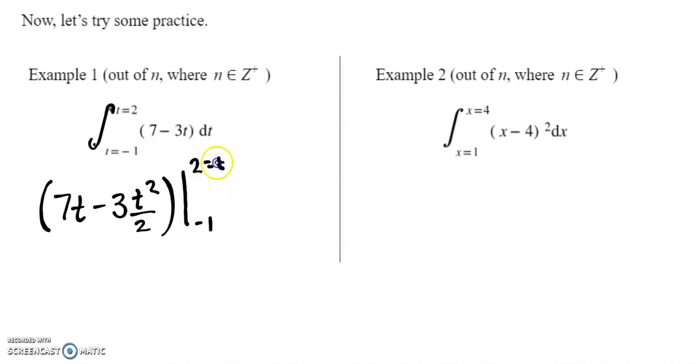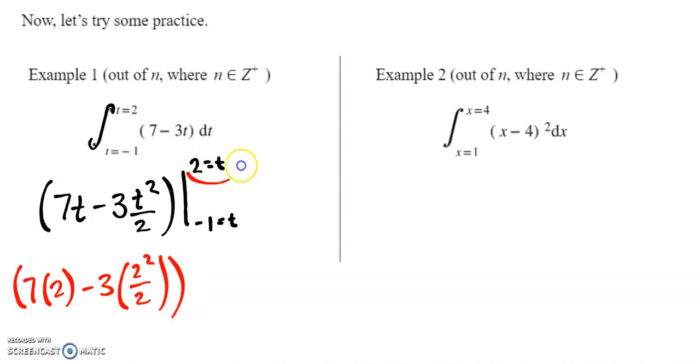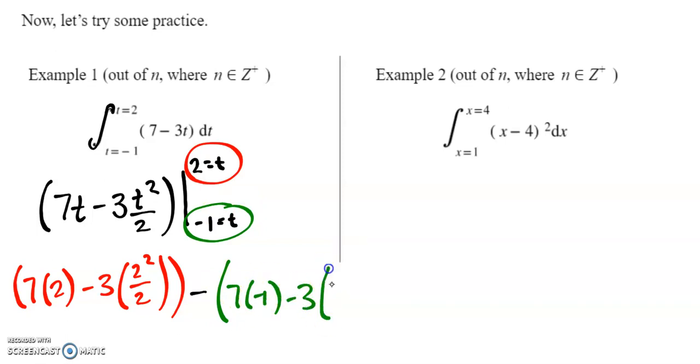You can put in those t's just so we remember that those were t values if you would like to. So thinking about this, I'm going to evaluate the top number first. So 7 times 2 minus 3 times 2 squared over 2, minus, that's f of b minus f of a, which is going to be 7 times -1 minus 3 times -1 squared over 2.